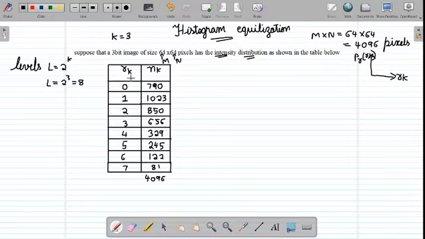The value of Rk is already given in the table, but the probability of Rk has not been given. So in order to plot the histogram, first we need to find the values of probability of Rk. It is given by Nk divided by M into N. The probability of Rk is obtained by normalizing these values, that is Nk divided by MN.